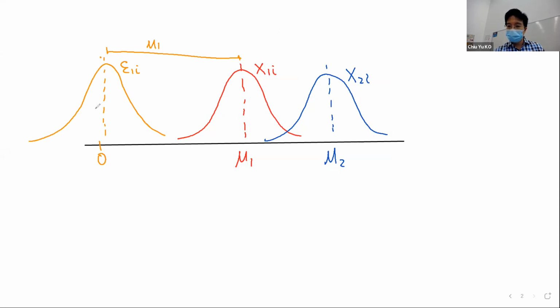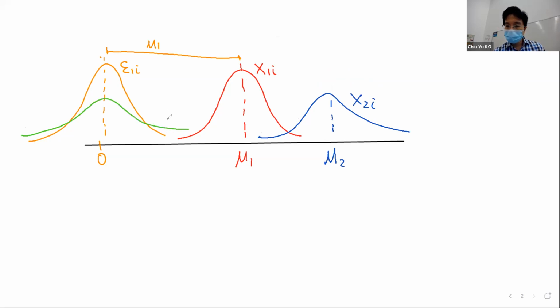And we can also have another one. This is epsilon 2i, and this is mu2.